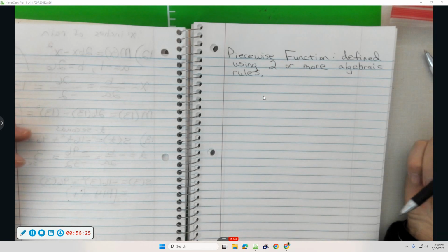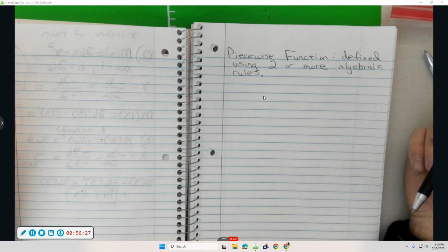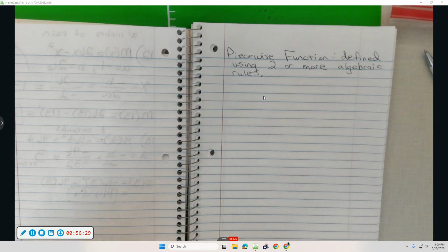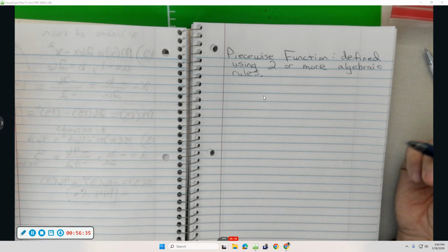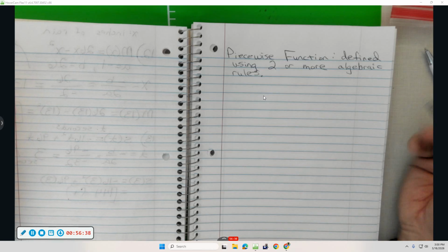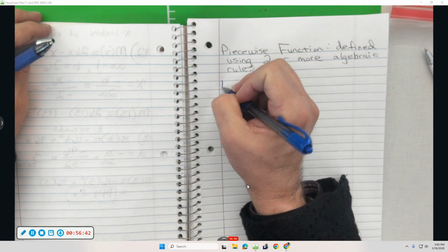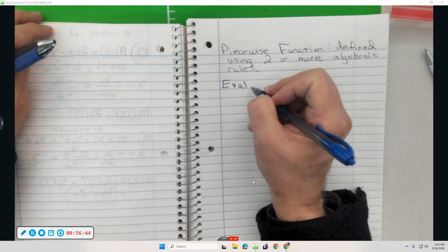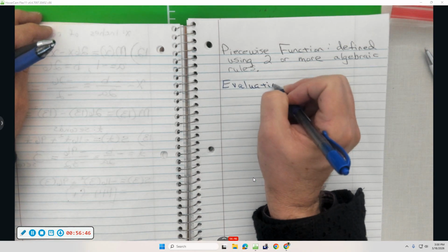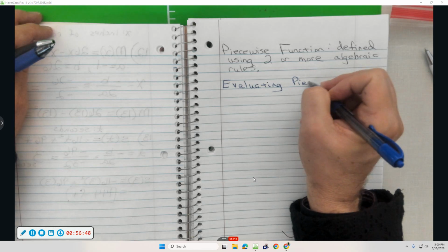We're going to do two things with these piecewise functions. We're going to plug in and evaluate. The formal word is evaluate, and then we're going to graph them. The evaluation is simple once you understand how to read the functions. First of all, we're going to say evaluating piecewise functions.